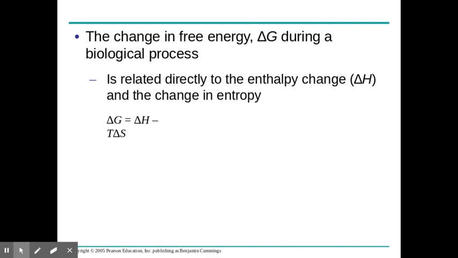So the change in Gibbs free energy during a biological process is related directly to the enthalpy change and the change in entropy. So how do we figure out how much energy is available to us? We take energy and then subtract that disorder piece, that entropy piece. Okay, and that essentially becomes what we can use.